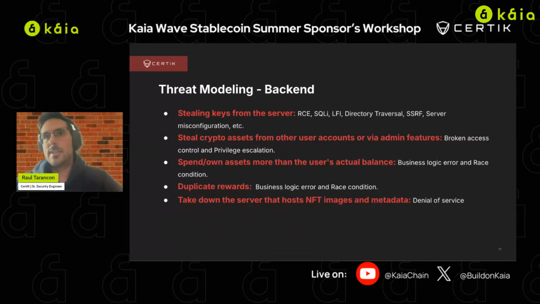The exploitation is the same as the previous one. And finally, taking down the server that hosts NFT images and metadata. This can be achieved with a denial of service issue.